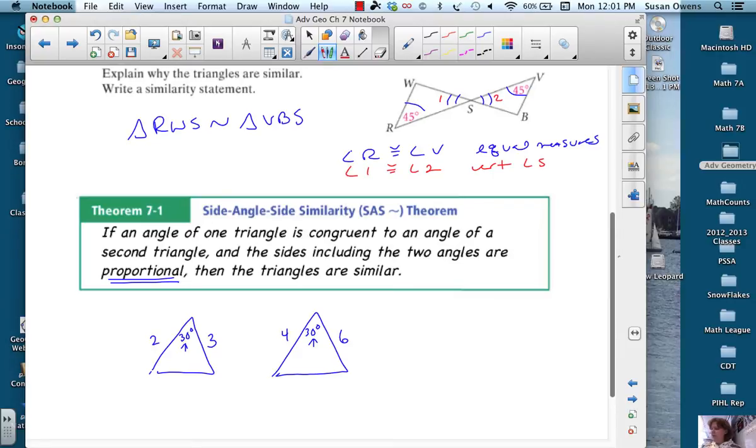If we take the 4 over the 2, those are the corresponding sides, that equals the 6 over the 3. So this is what would be considered proportional.